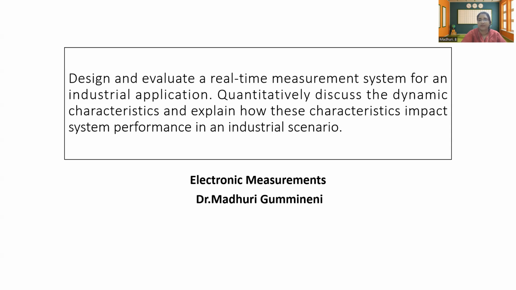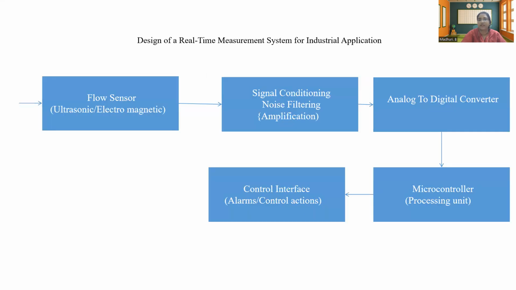Okay, let us see. If you see the real-time measurement system, let us consider one example: flow measurement in a particular industry. In a chemical process, a flow sensor is used to measure the flow rate. We can choose an electromagnetic type of flow sensor, or ultrasonic type.